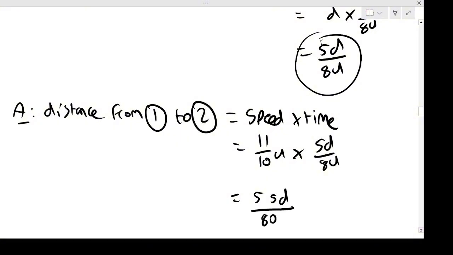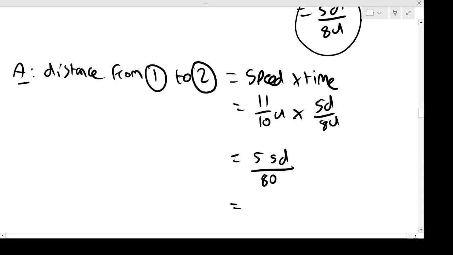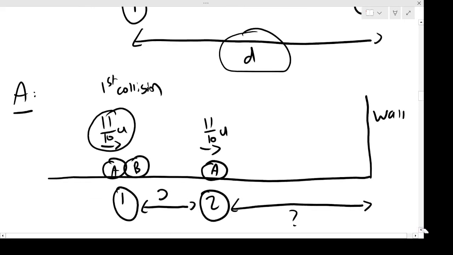The u's will cancel, right? And so there we are. We can simplify that even further to be 11 over 16d. And there we are. So now I can label x here, my distance from point 1 to point 2 of 11 over 16d.